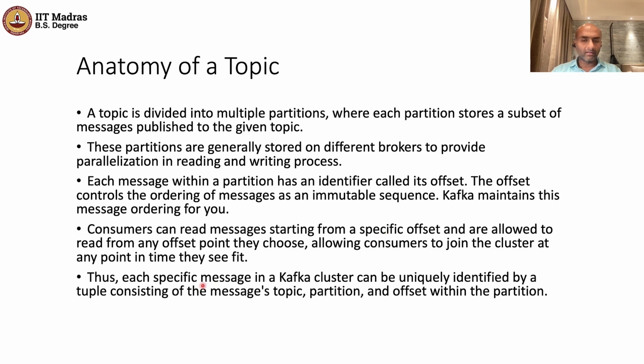In a nutshell then, if you want to uniquely identify a message, it's a combination of the topic, the partition, and the offset within that partition. If you're given these three, you can uniquely identify a specific message, and that is a very powerful way to think about messages.